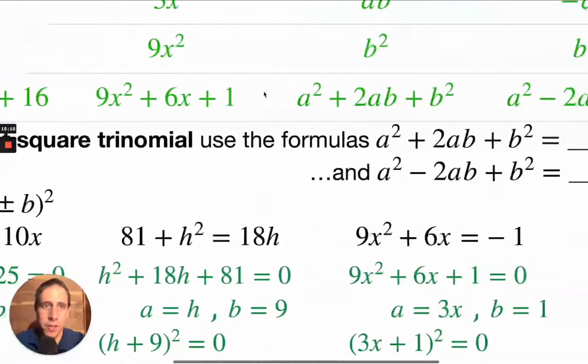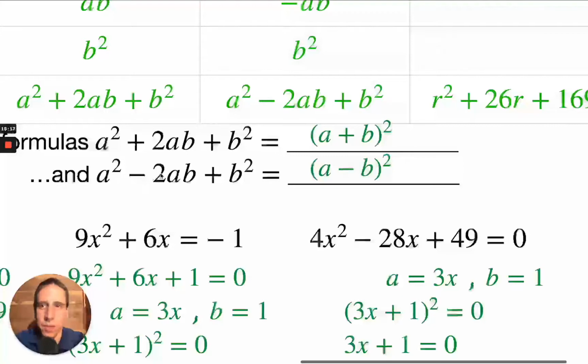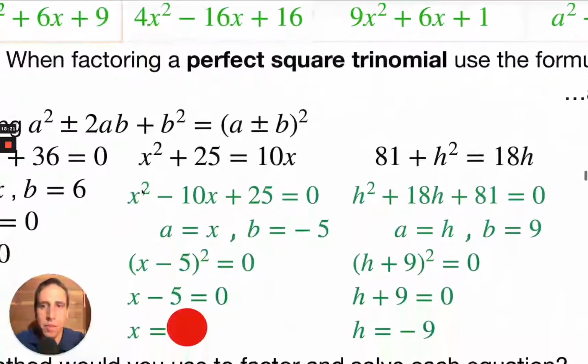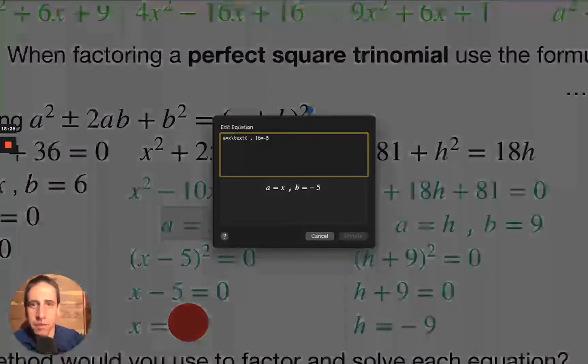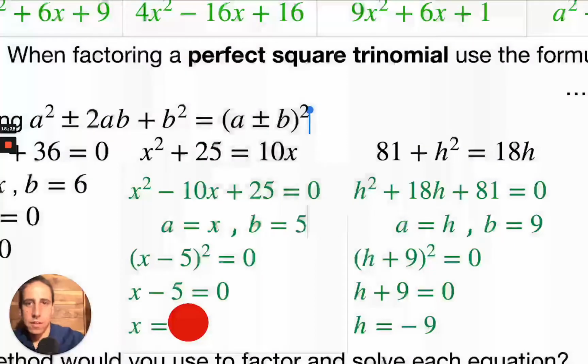We found it right over here. A squared minus 2ab plus b squared is going to be a minus b squared. So actually, I'm going to declare that b is equal to positive 5. I just think it's a little simpler that way. A equals x, because x squared, b equals 5, that's fine.